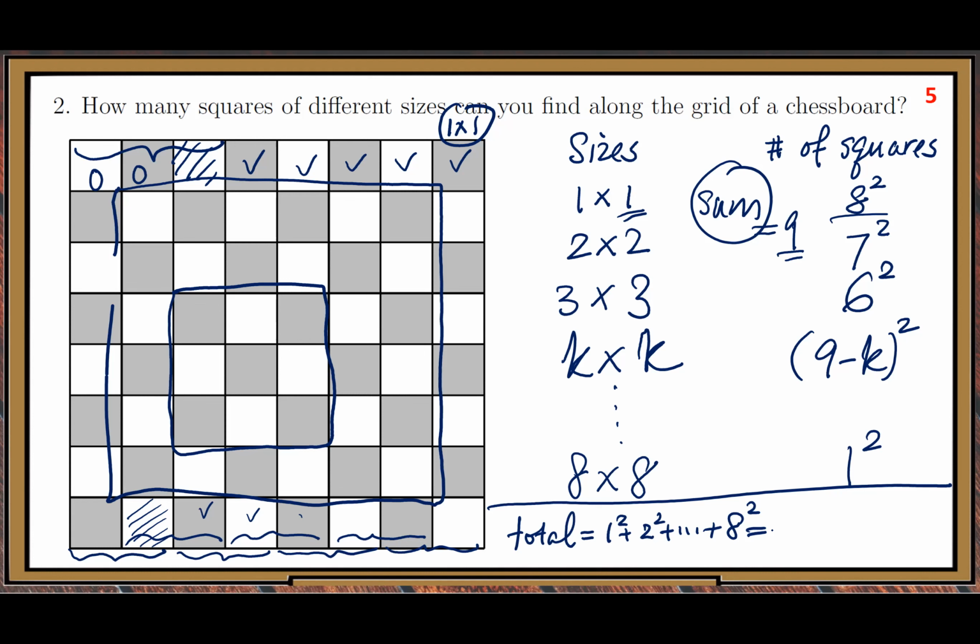So for each size, we try to find the answer for a typical case. Typical case, k by k. Can you get the number of squares of size k by k, the typical case? Then you generalize to all the cases. So that's something useful we can learn.